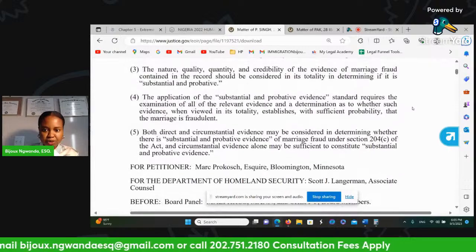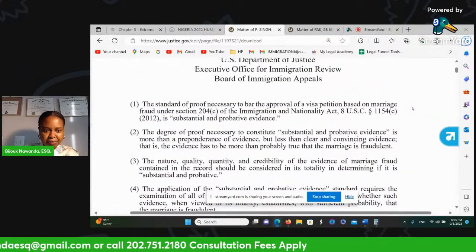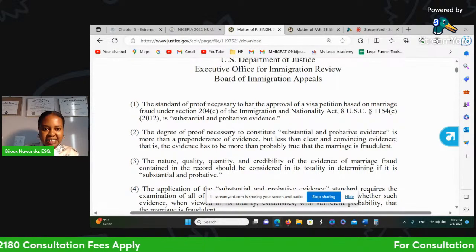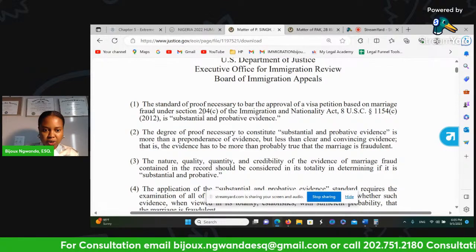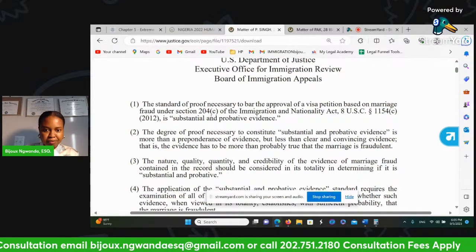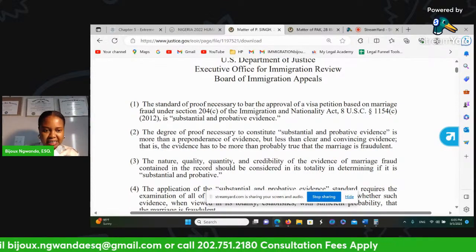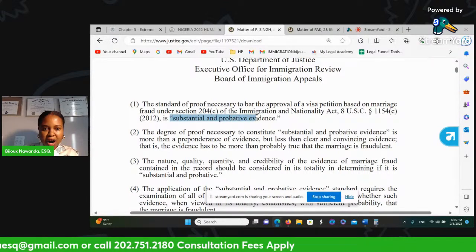Okay, so this is the standard. The standard of proof necessary to bar the approval of a visa petition based on marriage fraud under Section 204C is what is substantial and probative evidence.